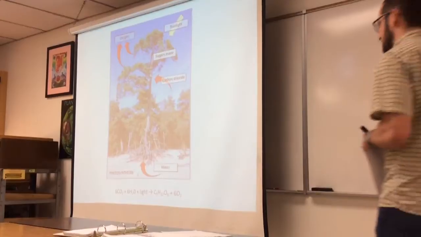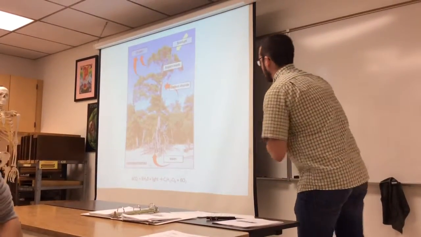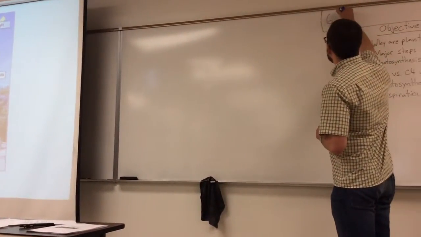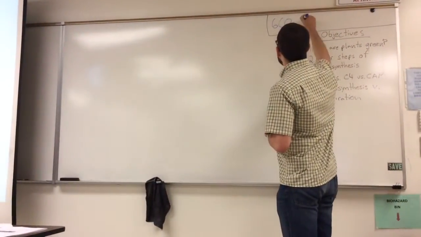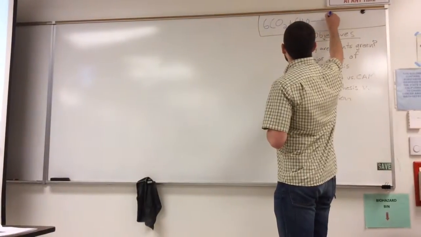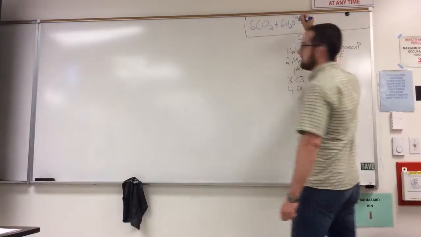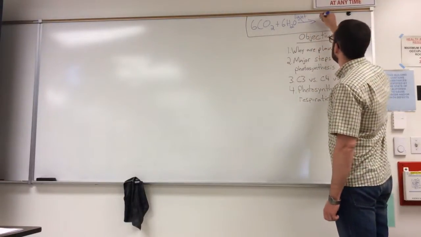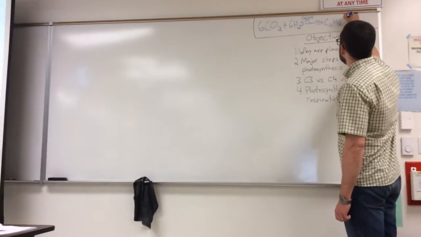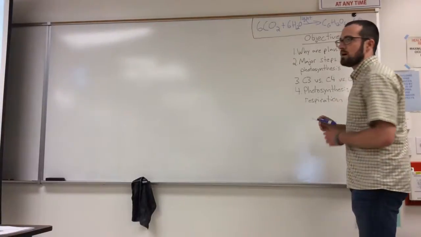So we can represent that via the equation that I have down on the bottom of the screen here, where we're going to start with 6 carbon dioxides and 6 waters. We're going to use light, and that's going to give us 1 molecule of glucose, and 6 molecules of oxygen.